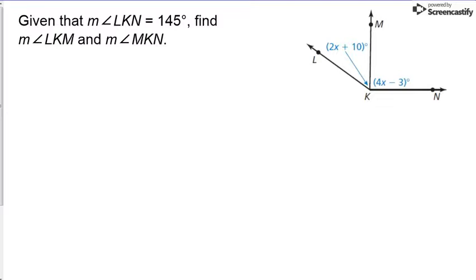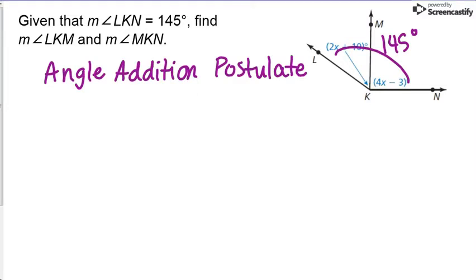So let's see an example of that in this problem. Given that the measure of angle LKN is 145 degrees, find the measure of angle LKM and the measure of angle MKN. We're going to use the angle addition postulate. Angle LKN, that's the whole thing, is 145 degrees.